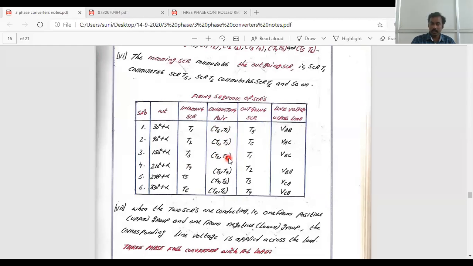So if you consider T1 in the positive half cycle, half is shared by T6 and half is shared by T2. If you consider T3, its half is shared by T2 and T4. If you consider T5, it is like that. Is it completed?